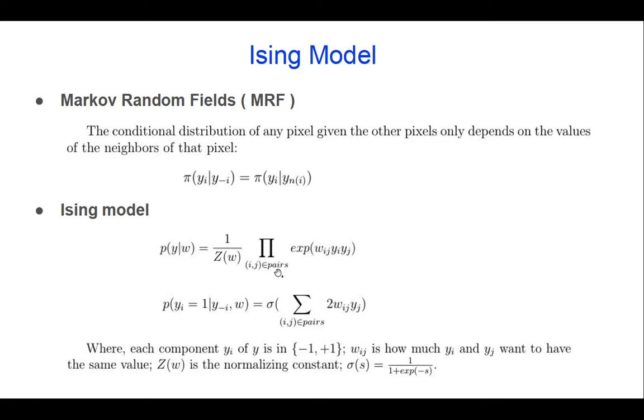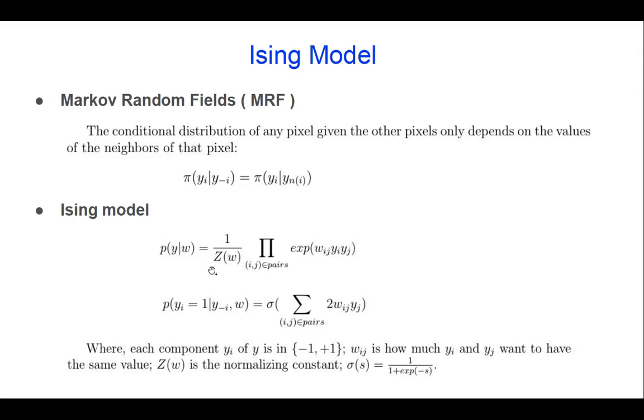If w is large, it means that 2 adjacent pixels have very strong interaction. They will tend to choose the same pixel value. If w is very small, it means that the interaction is fairly weak. Then the 2 adjacent pixels are kind of independent of each other, so the result can be pretty random.